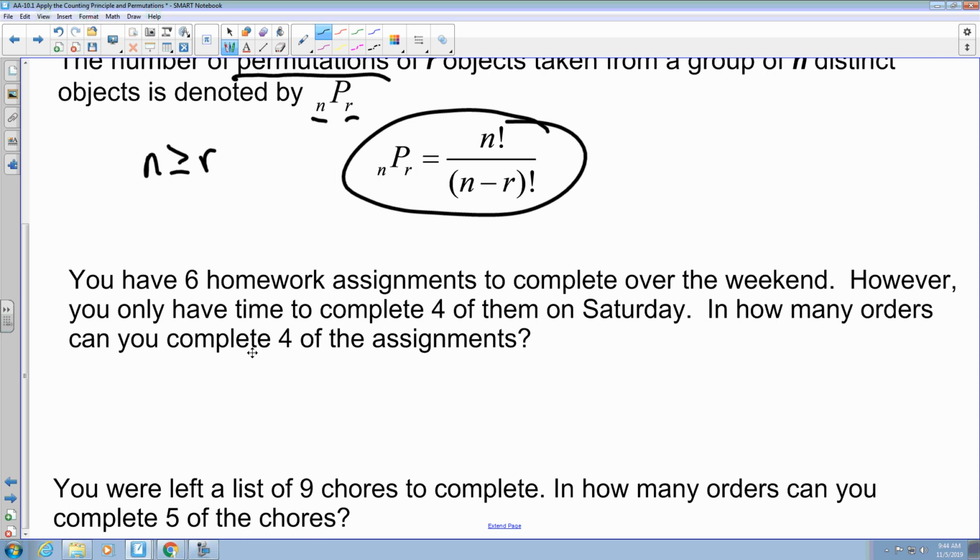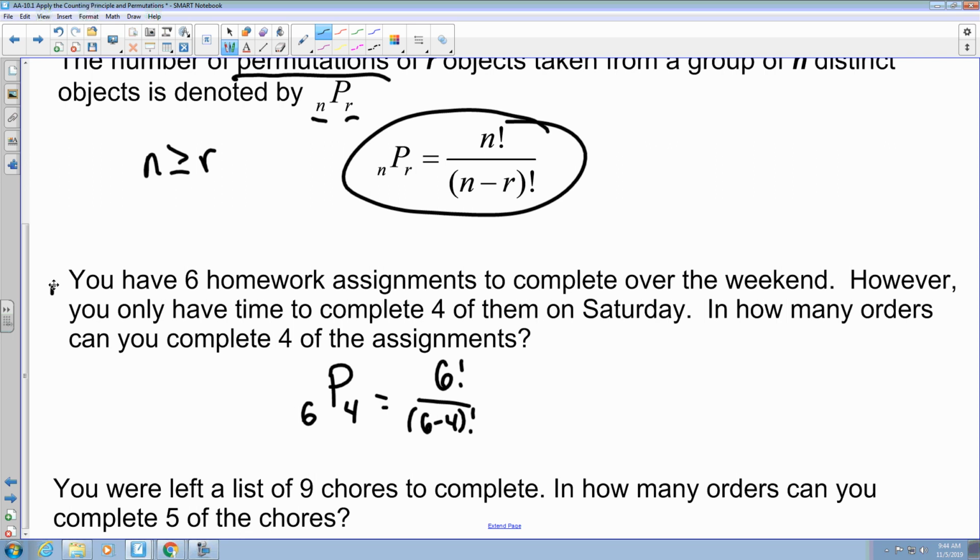Utilizing the permutation formula, it says you have 6 homework assignments to complete over the weekend. However, you only have time to complete 4 of them on Saturday. How many orders can you complete 4 assignments in? So it's a permutation where you have 6 homework assignments and 4 ways to arrange them. This is going to equal 6 factorial on the top over 6 minus 4 factorial.